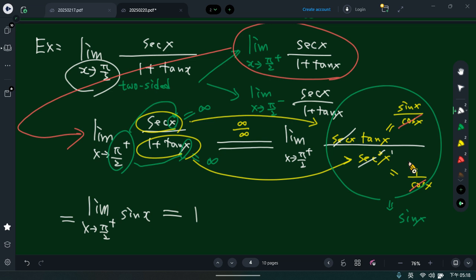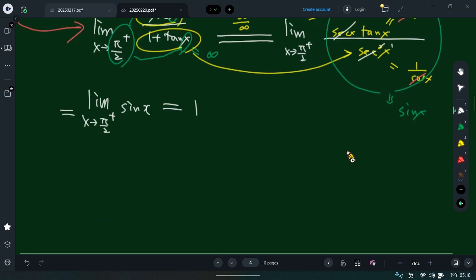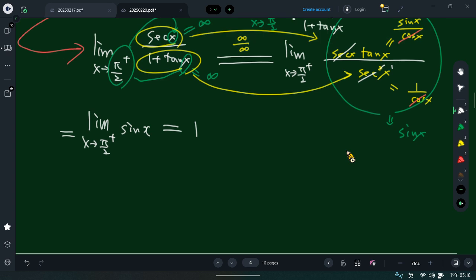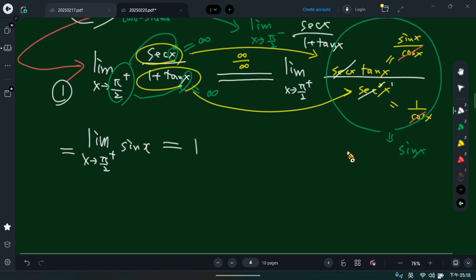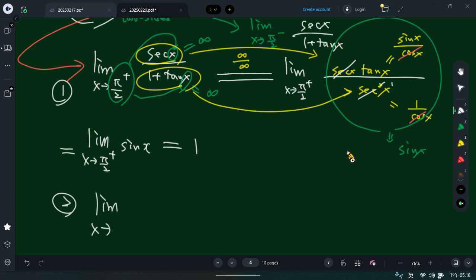Okay. So similarly, you can just apply the same rule. This is part 1. For part 2, you also can calculate x approaching 1/2 pi minus of secant x over 1 plus tangent x. Following the same process, you can see the final result is 1.